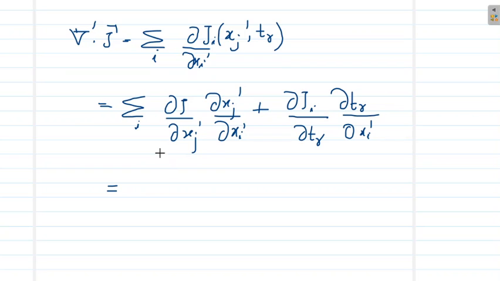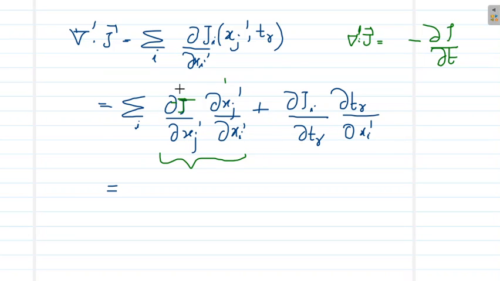If you look at the first term, you can see here dou j by dou xj dash into dou xj dash by dou xi dash. Here these are not independent. This will be approximately 1 if you sum over i. So dou j by dou xj dash, summed over i, is actually minus dou rho by dou t. From the continuity equation, you will study that del dot j is equal to minus dou rho by dou t. For our convenience, del dash dot j is minus dou rho by dou t from the continuity equation if you take the differentiation with respect to space alone.